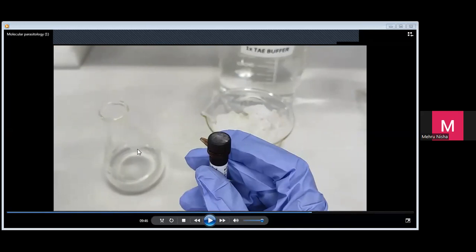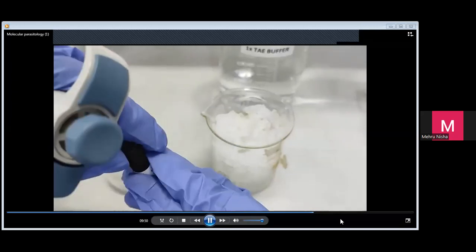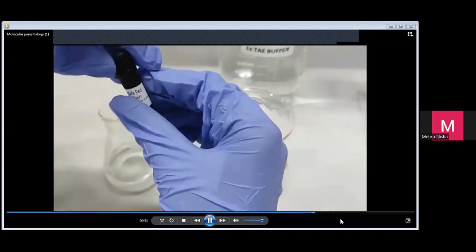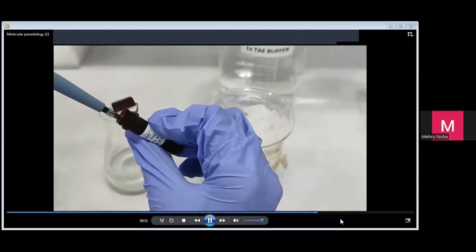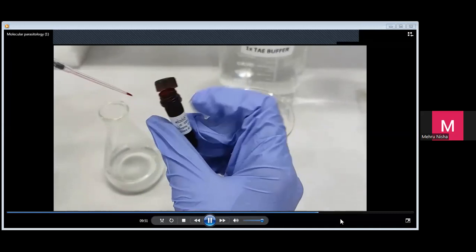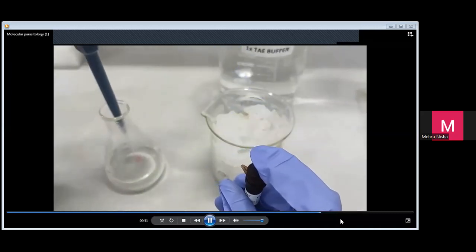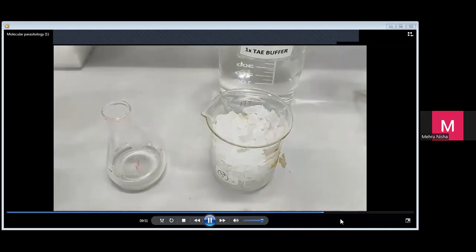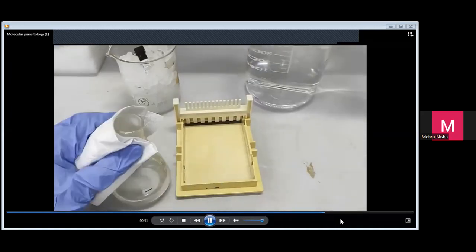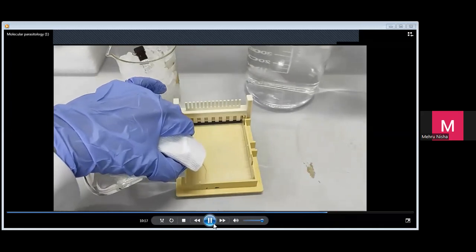We just mix in our gel to visualize the amplicon. So just put a few drops, just 1 drop, very minute, to be red in color. And you have to mix well. You have to mix well and you pour in our gel cascade.